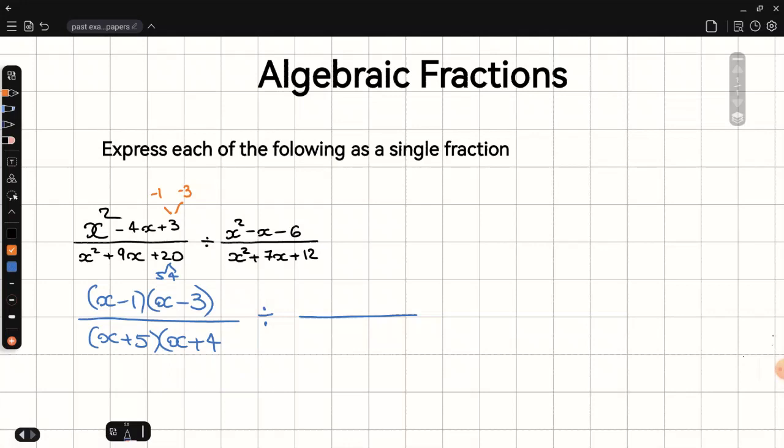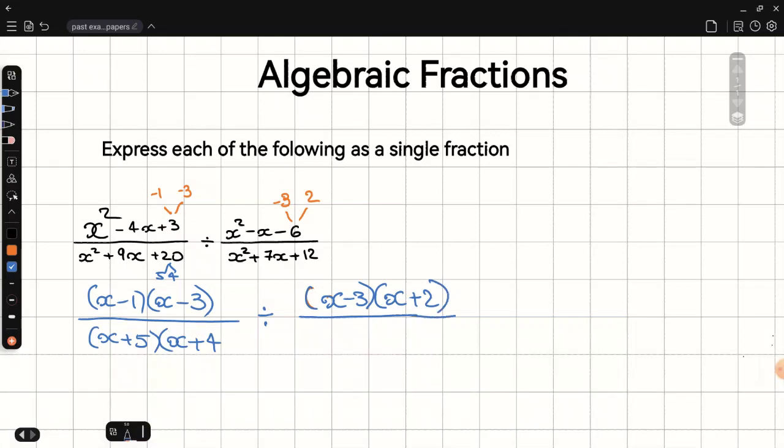That should be negative 3 and positive 2, because negative 3 times 2 gives us negative 6, but negative 3 added to positive 2 is negative 1. So I can write it as x minus 3 and then x plus 2.